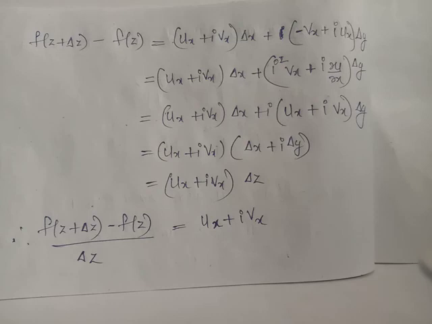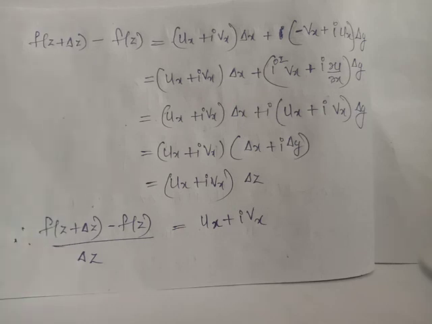We can replace delta x plus i times delta y by delta z, because we have z equals x plus iy. Therefore, the small increment delta z is given by delta z equals delta x plus i times delta y. If we bring delta z to the denominator on the LHS, we obtain f of z plus delta z minus f of z divided by delta z equals ux plus i vx.